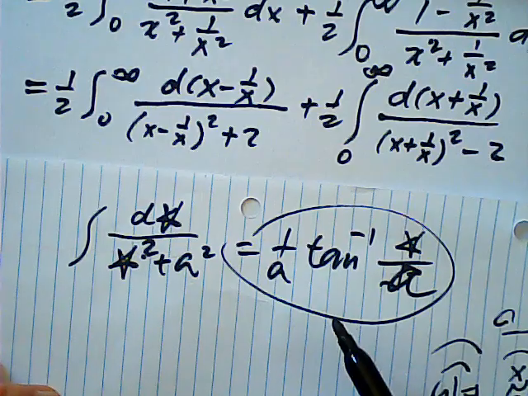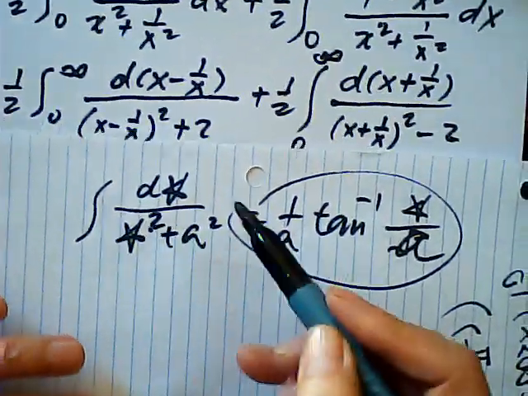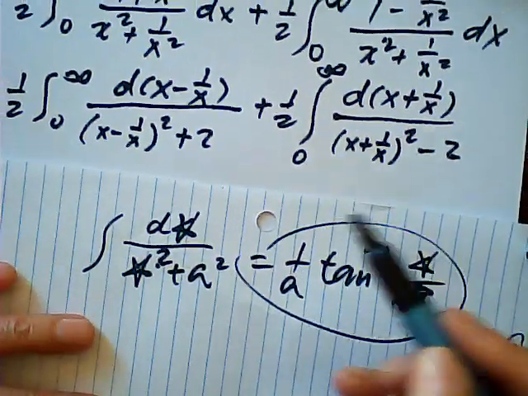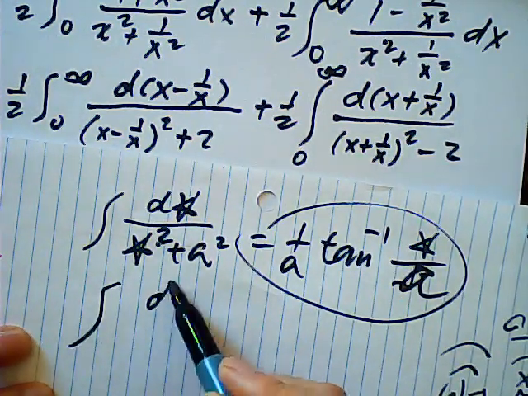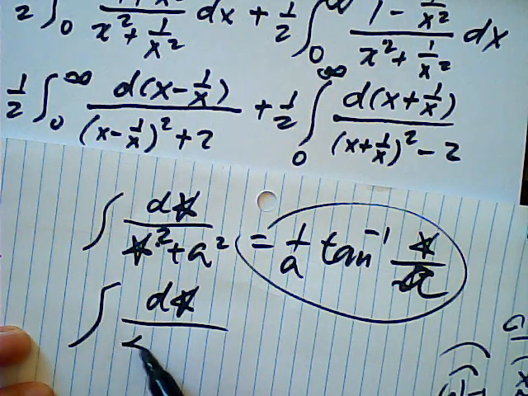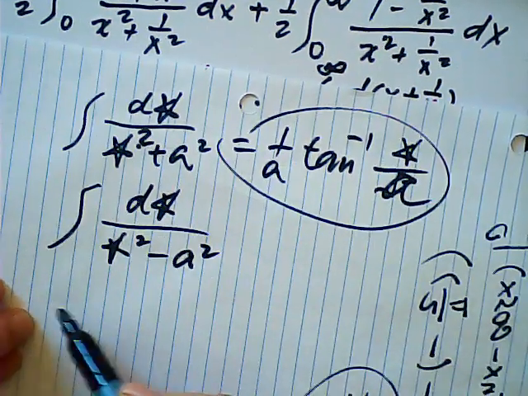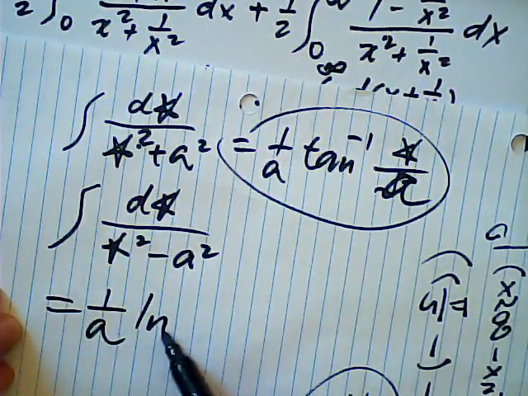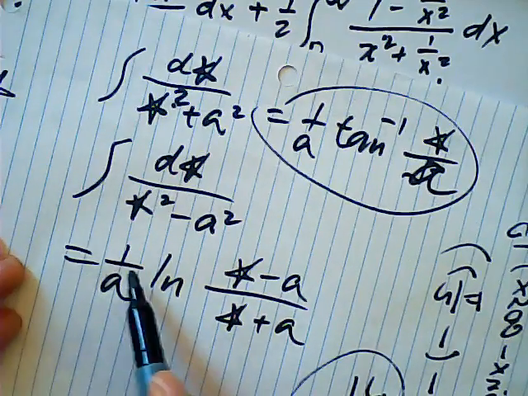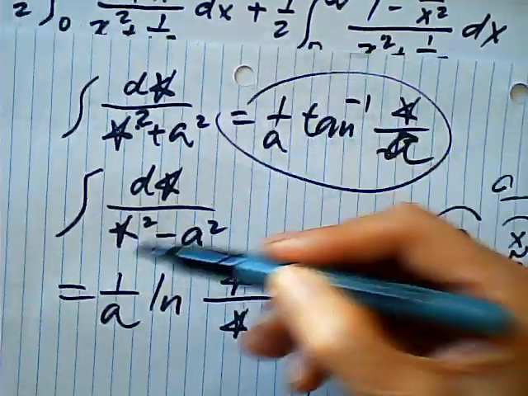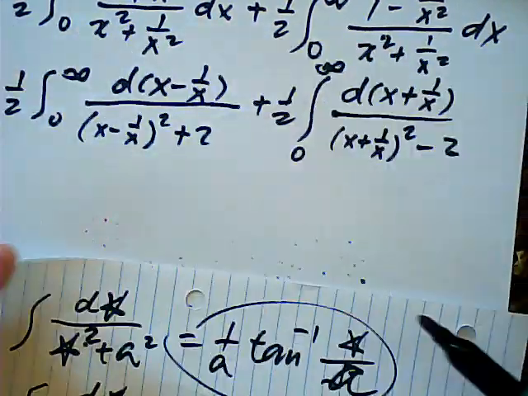I suppose that you can do it by yourself, so I just skip. Same for this one, d star over star squared minus a squared. That one is equal to something like log of star minus a over star plus a. You can do it by yourself. I believe you have done it before.